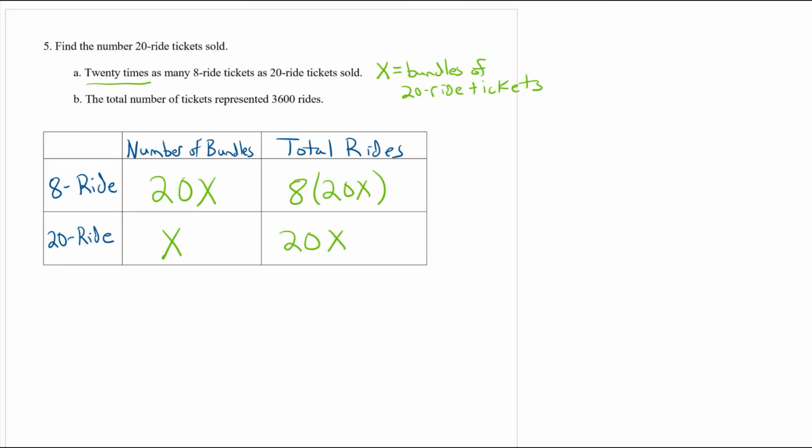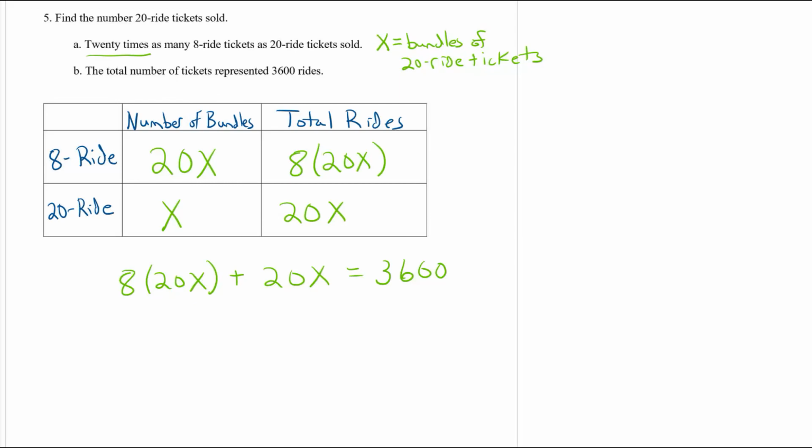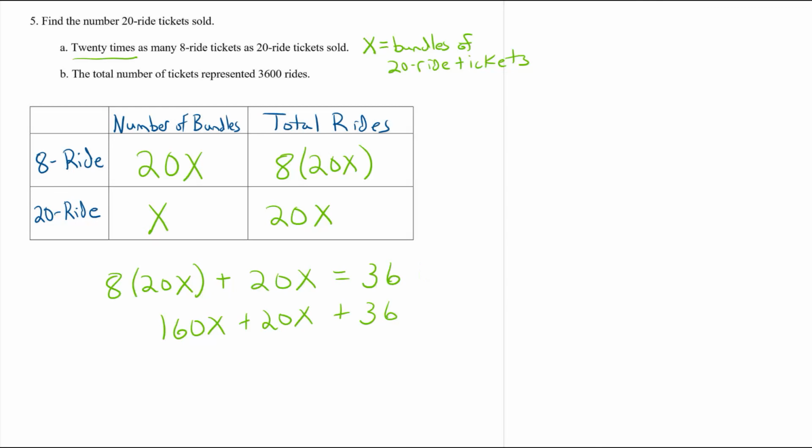So similar to the other part plus part equals whole, we're going to have 8 times the 20x, which represents the rides from the 8 ride bundles. 20x is the number of rides from the 20 ride bundles, and all together we have 3,600 rides. So we're going to have 160x and then plus 20x, and again that 0 doesn't look like a 0, so I'm going to fix that.